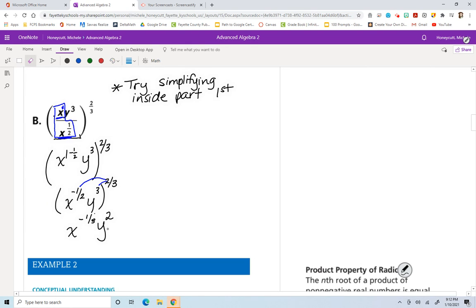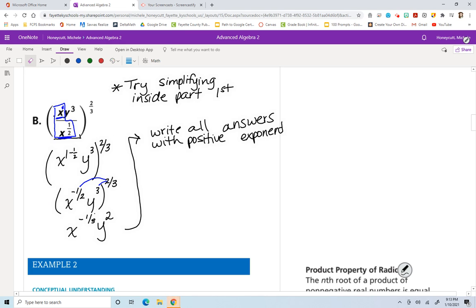So it looks simple, but most of your problems will say, write your answers with positive exponents. So that means you can't have this negative exponent right there.